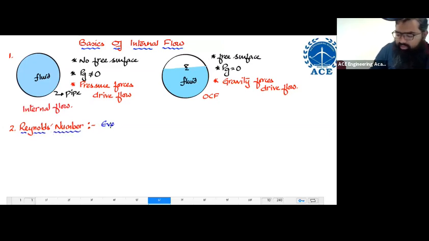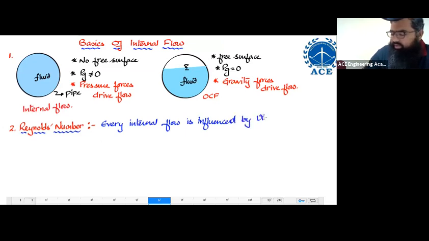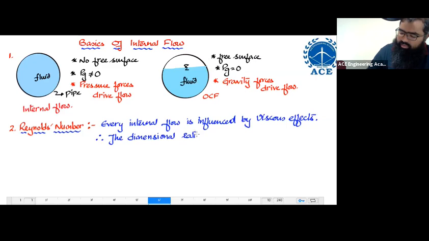Every internal flow is influenced by viscous effects. Therefore, the dimensional ratio of which two forces?